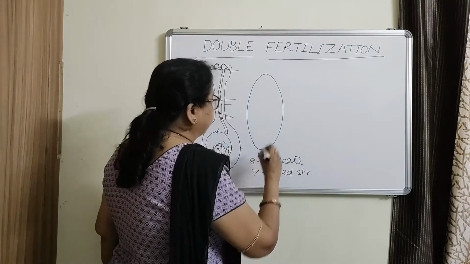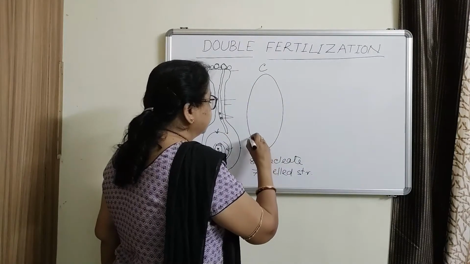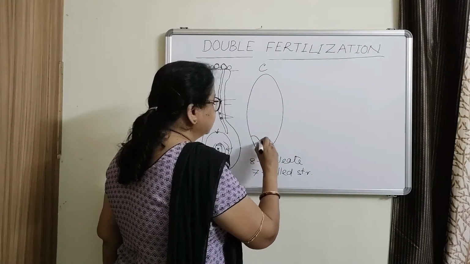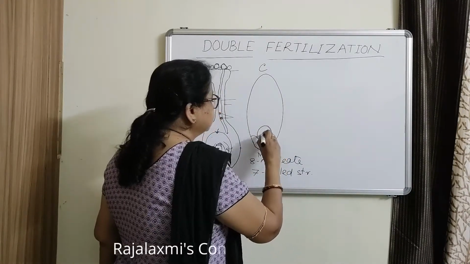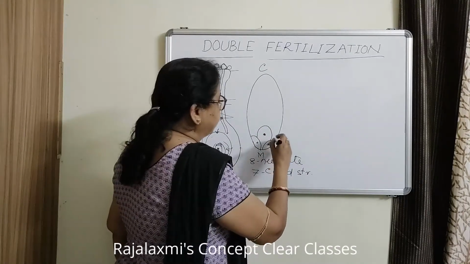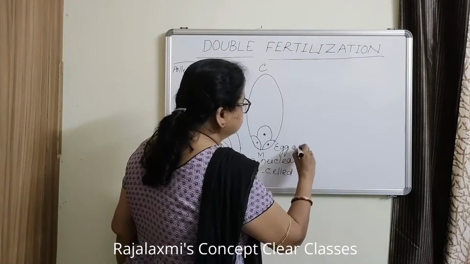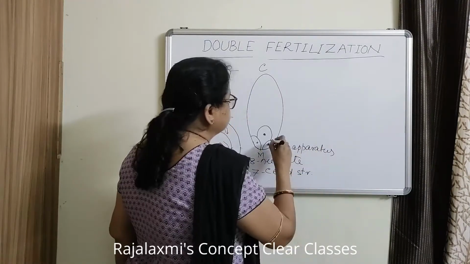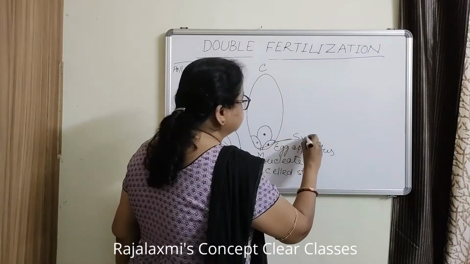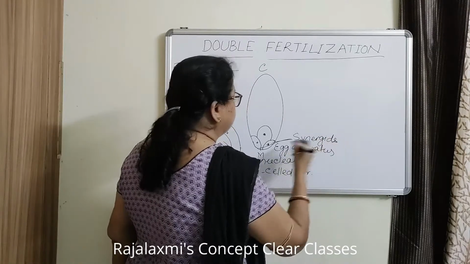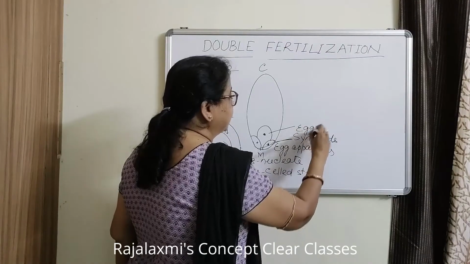Suppose this is the micropylar end and this is the chalazal end. At the micropyle there are 3 cells known as the egg apparatus. These 2 cells are synergids and the larger cell is the egg or the female gamete.